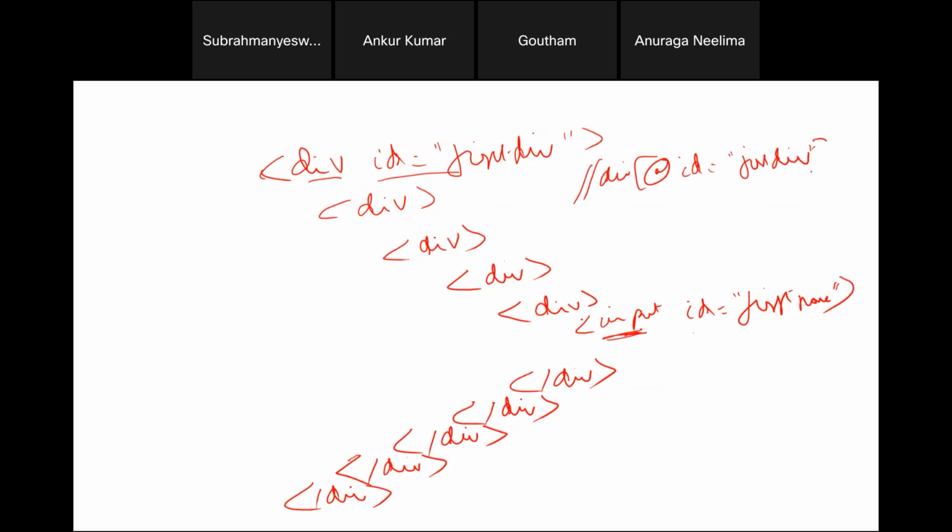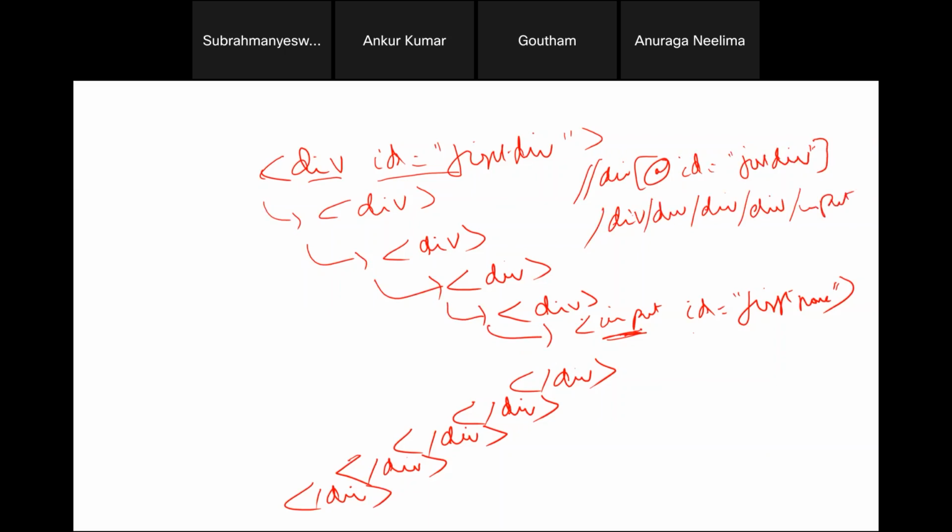Then we come to this one using slash div, again slash div, again slash div, again slash div, and again slash input. So these many times we have to write.